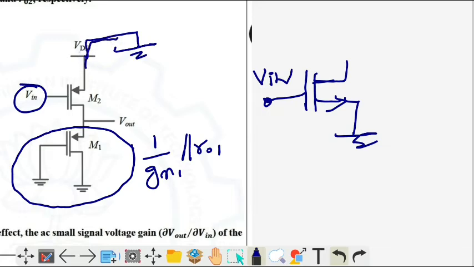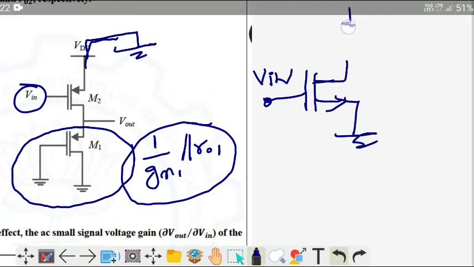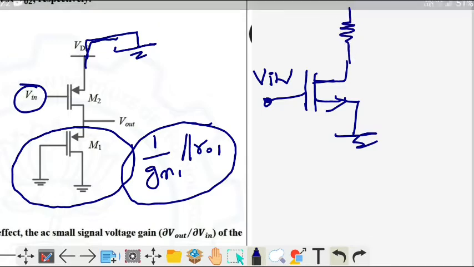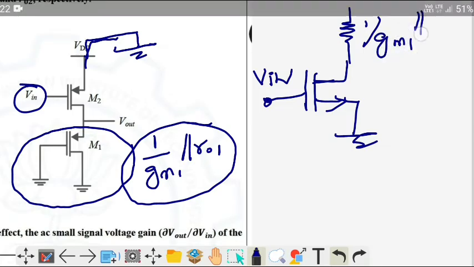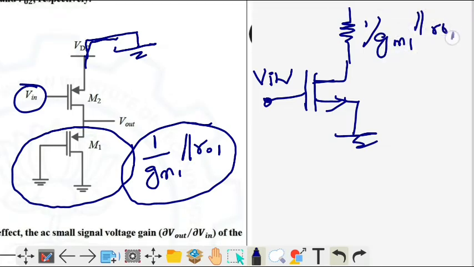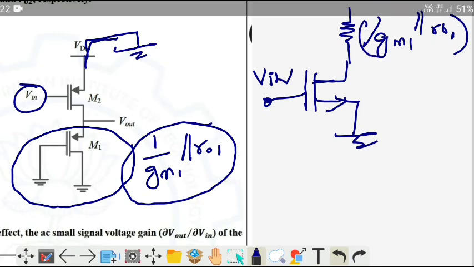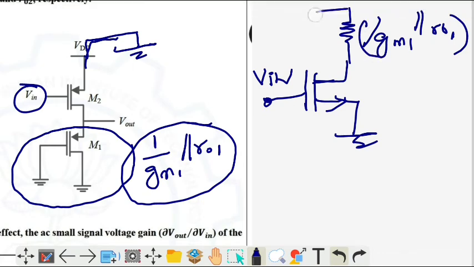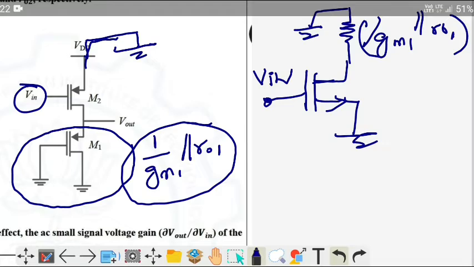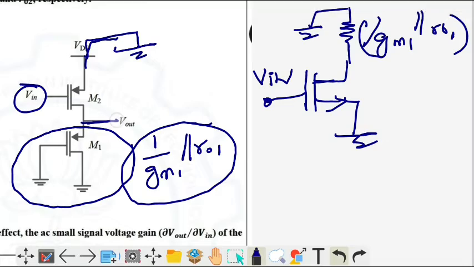For the drain terminal, the effective resistance is 1/gm1 parallel with ro1. So this is the resistance here, and the other end is also grounded after this resistance, and the output is taken at the drain.